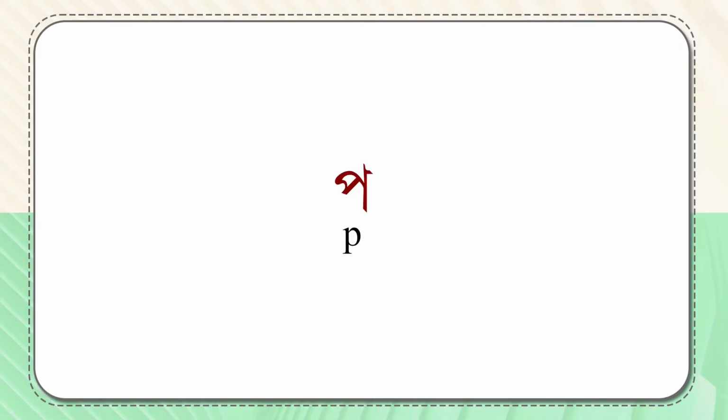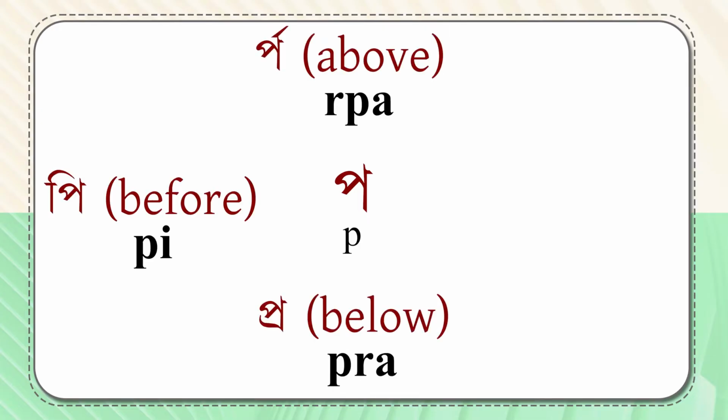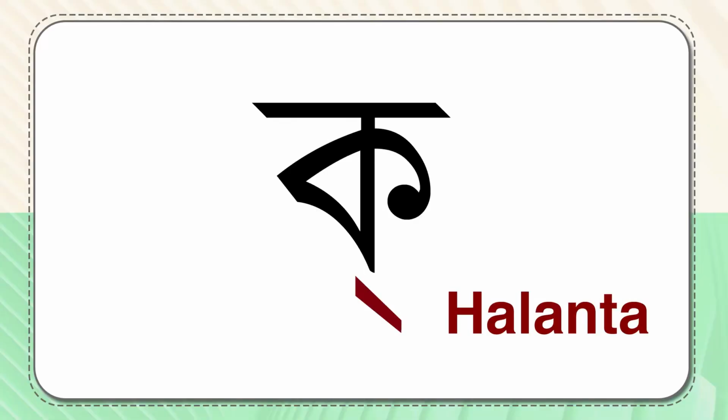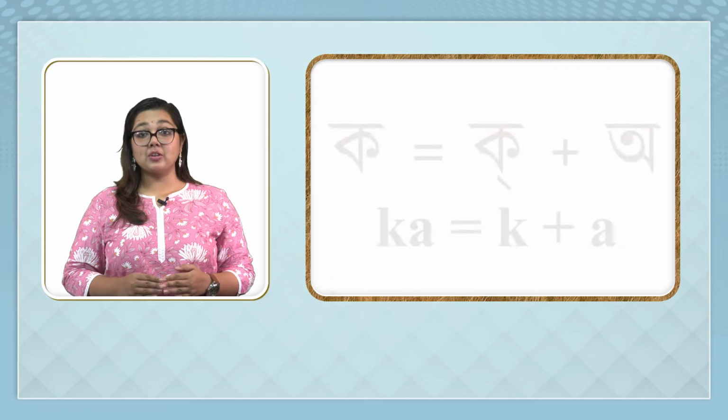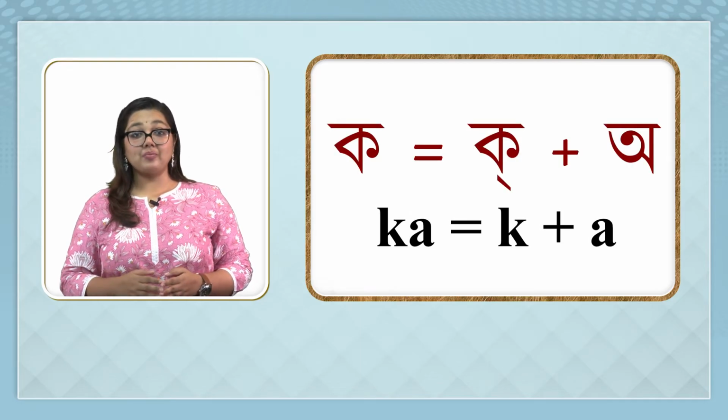These diacritical marks are placed above, below, before, or after the consonant to change the vowel sound or suppress it altogether. The absence of the inherent vowel in the consonant is marked by a virama or halanta sign below the consonant. For example, Ka equals Ka plus O.